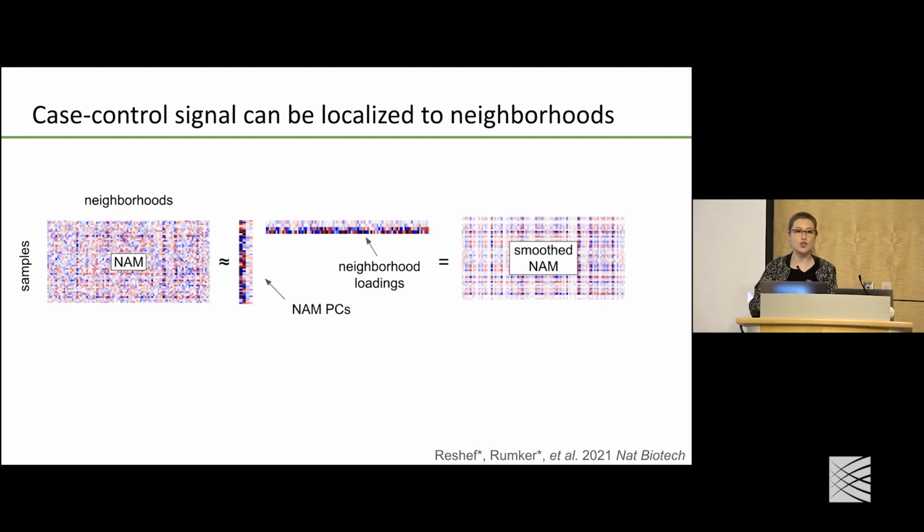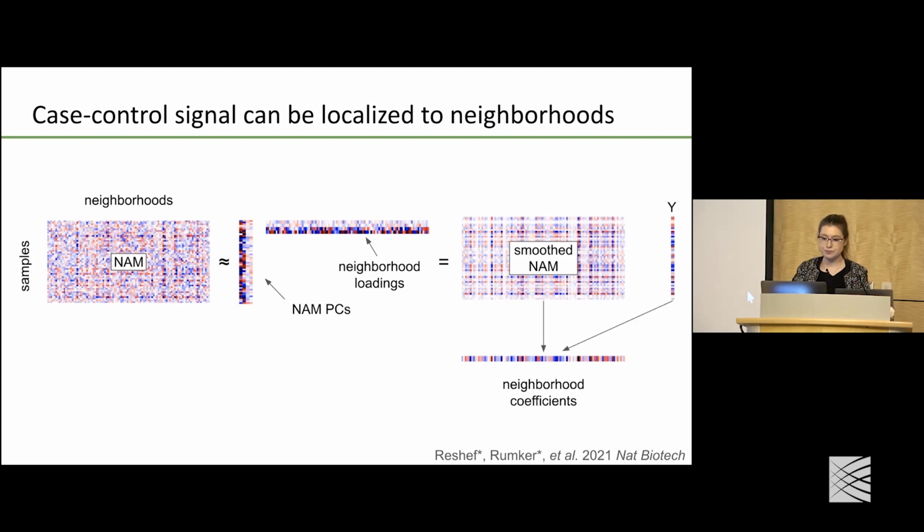But because we have so many neighborhoods, and they're so granular, the actual correlations are going to be quite noisy. So what we do instead is first create a smoothed neighborhood abundance matrix where we just use the components from our decomposition that we included in our model.